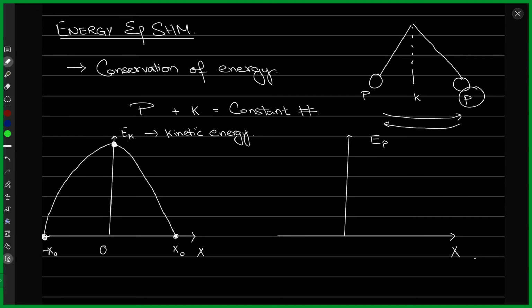Sir, opposite to the kinetic energy? Opposite to the kinetic energy. So you're saying that when the kinetic energy is maximum, then at that point the potential energy should be a minimum value. And when the kinetic energy is the minimum, then the potential energy should be a maximum value.